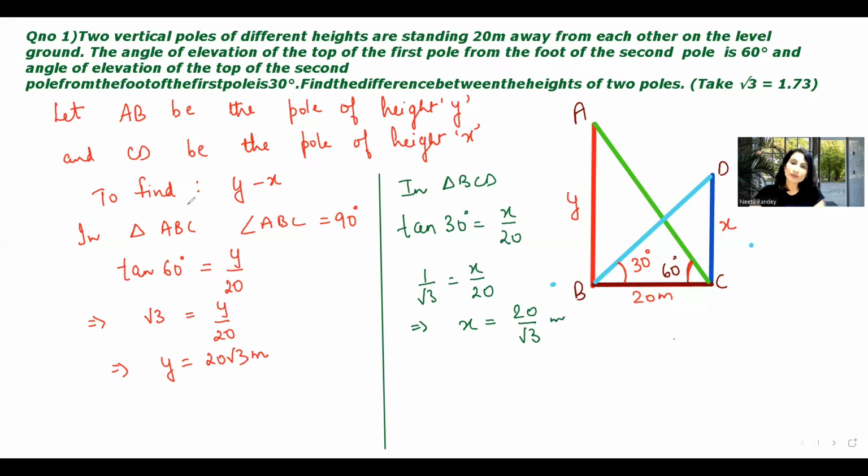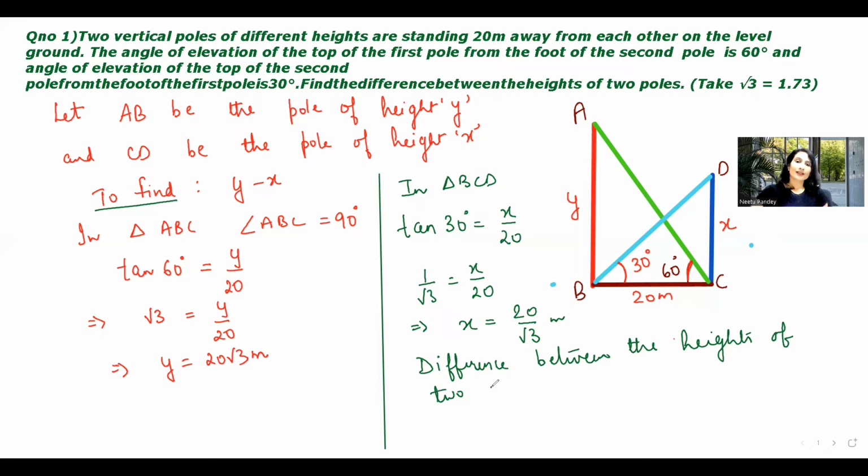What we actually have to find is the difference between the heights. So let us find the difference between the heights of the two poles. AB is the taller one, so you can write y minus x, and it is 20√3 minus 20 by √3.